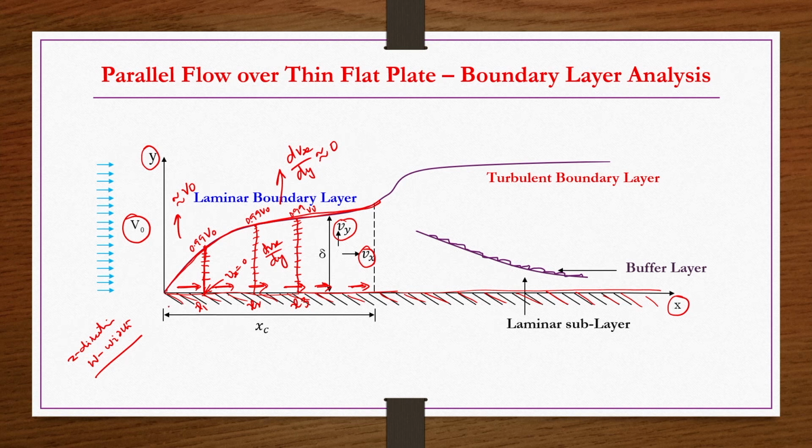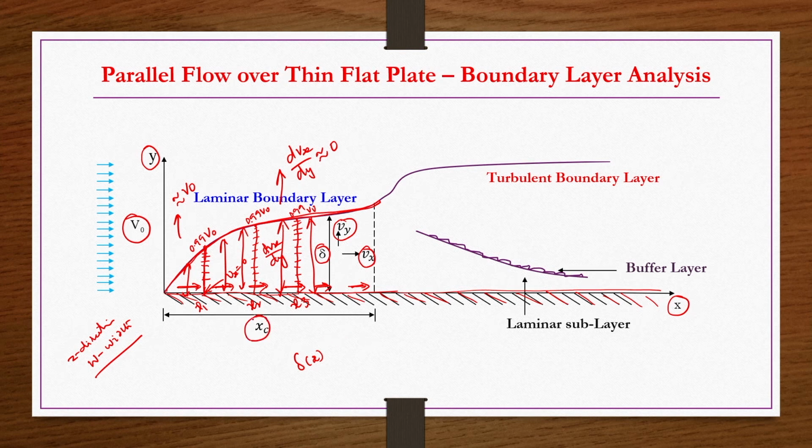Right. So, as you move in the flow direction with increasing x, what happens? You can see the boundary layer thickness at different x values. What you understand is that the thickness of the boundary layer is a function of x. That thickness of the boundary layer we are calling delta. Delta is a function of x, and it is increasing with increasing x.